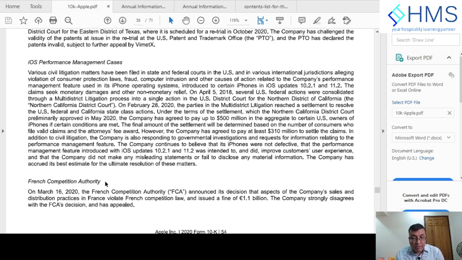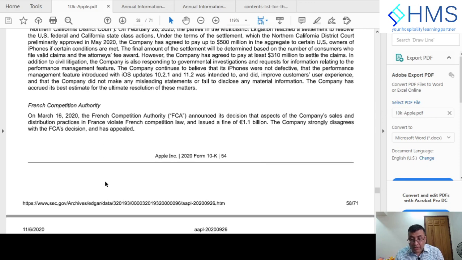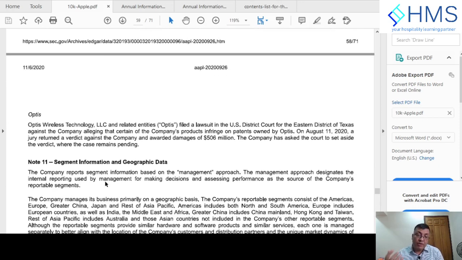Then you have a performance management issue. Then you have the French competition authority, which has also slapped a competition law fine of $1.1 billion. They disagree and have appealed. So there is information about the company's lawsuits, which is very important for users to understand what the potential damages are.